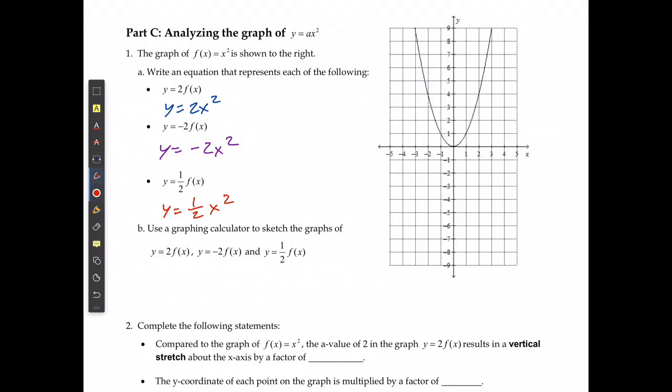For everything we've done so far, it hasn't changed the shape, but we see right as soon as we put the first one in, the 2x squared, it is changing the shape. Suddenly, I see that I have a vertex at the same point, but my graph has gotten quite a bit skinnier.